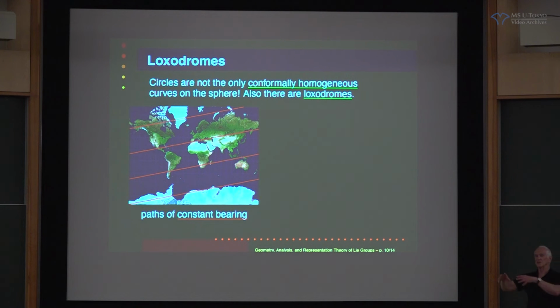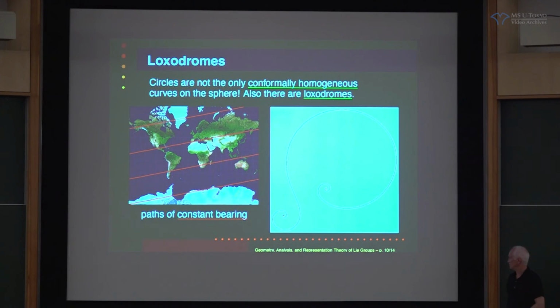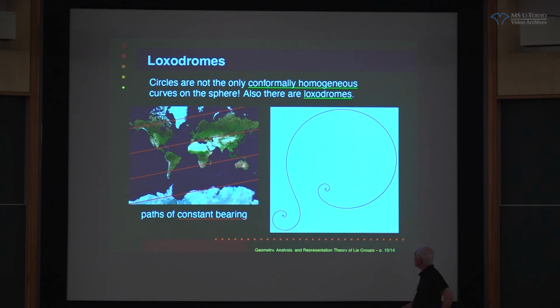Okay, when you look at it under stereographic projection in the plane, it looks like this. So these are some curves in the plane which have the property that they are invariant under Möbius transformations in the plane.